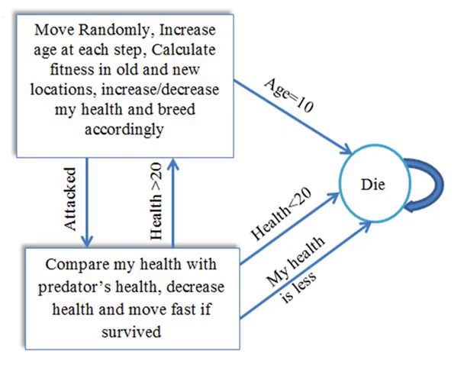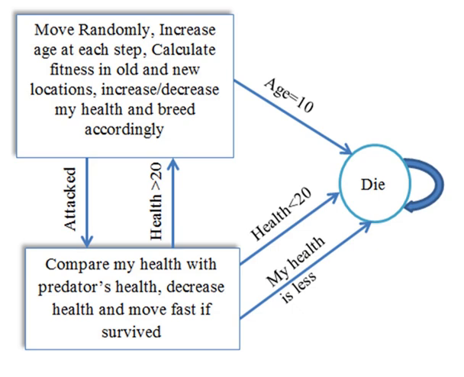Here we can see the naive actions of a zebra or prey. Move randomly and increase your age at each step. Calculate the fitness value in old and new locations. If the fitness value is more in the new location, increase the health, else decrease the health, and breed a new baby whenever you move to a new location.